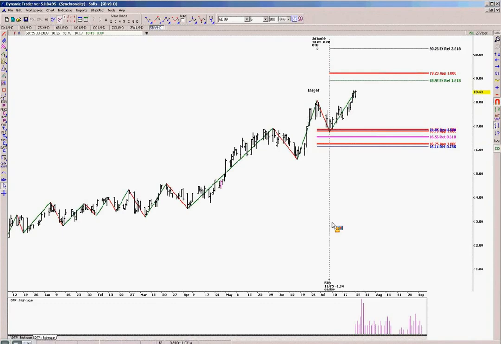And let's say, for example, we continue to rally towards these extensions on the daily chart. Well, this setup, even though it would be a time and price setup, would not be as high a probability setup because it's counter to the larger trend.